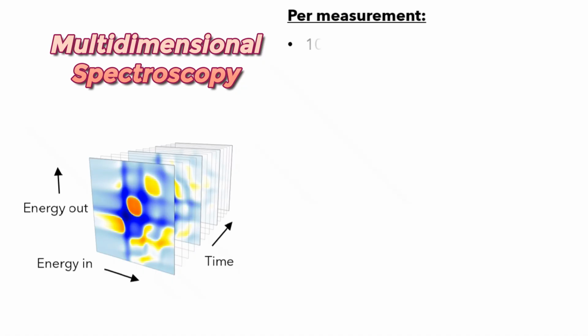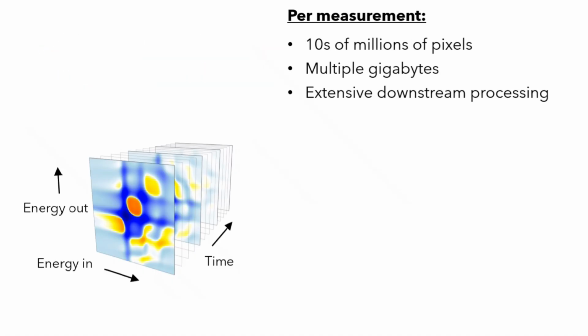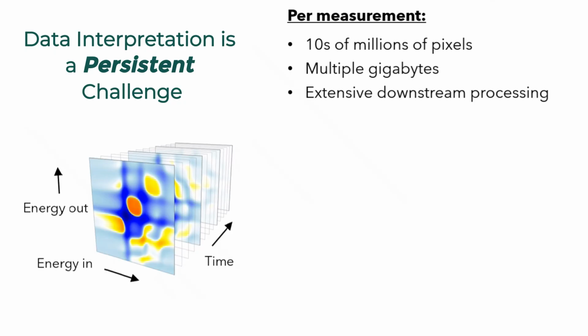As we discussed earlier, this motion can be tracked as a function of time using laser pulses. Thus, these experiments generate massive data sets that contain millions of pixels, occupy multiple gigabytes of storage, and require extensive downstream processing in order to understand them. As a result, interpreting what the spectroscopic data are telling us is a persistent and ongoing challenge.